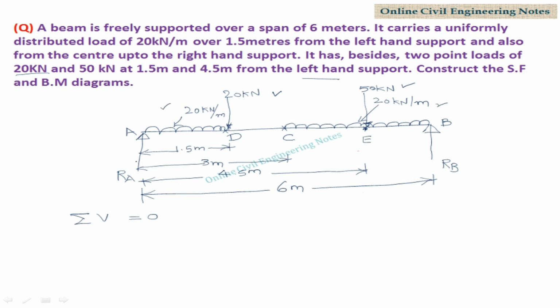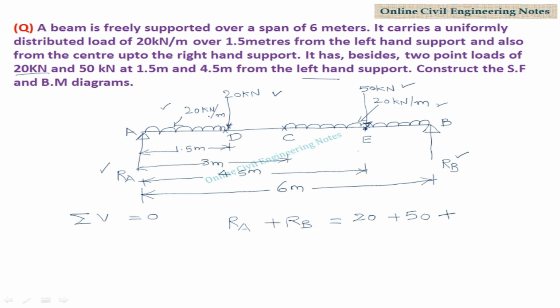And vertically upward forces are reaction at A and reaction at B. This can be written as vertically upward forces equal to vertically downward forces. RA plus RB is equal to the vertically downward forces: first one 20 kN point load, second one 50 kN point load, and two UDLs are acting.